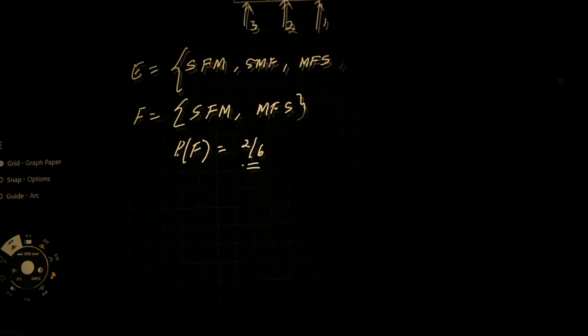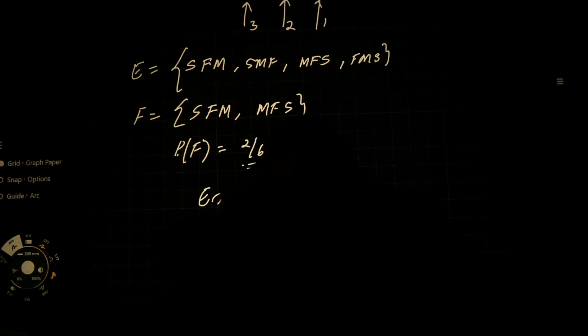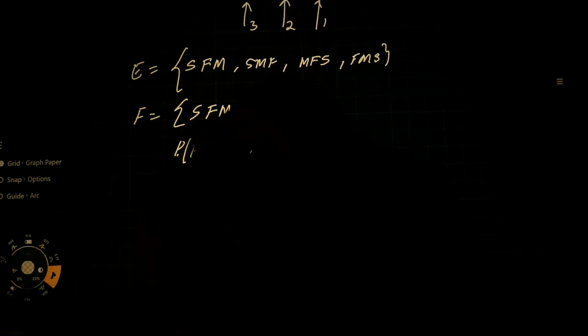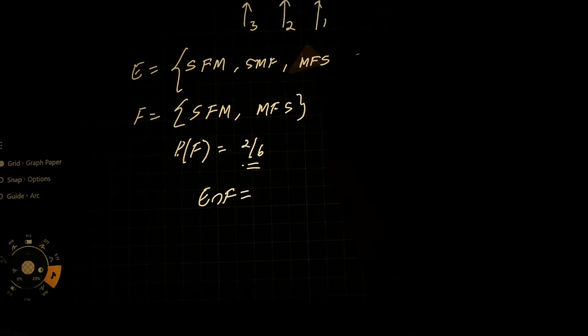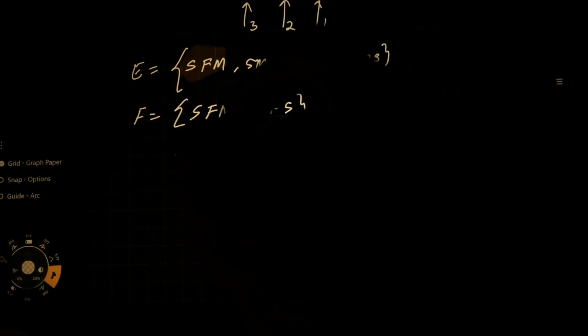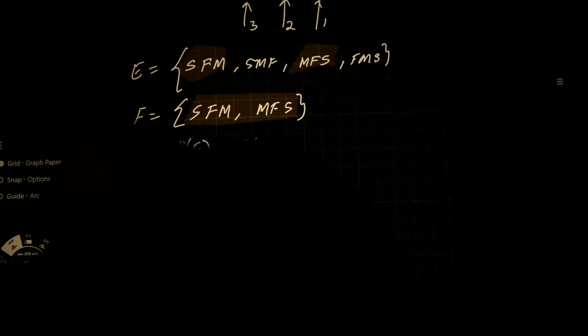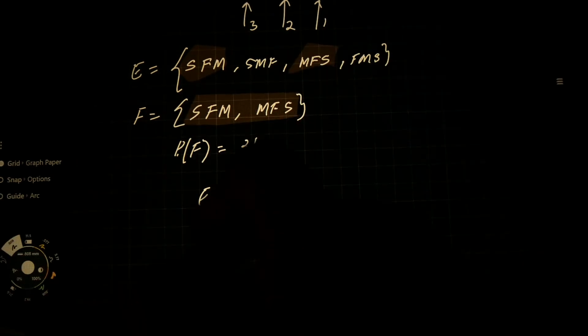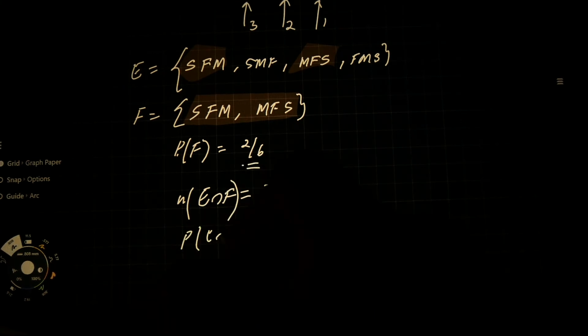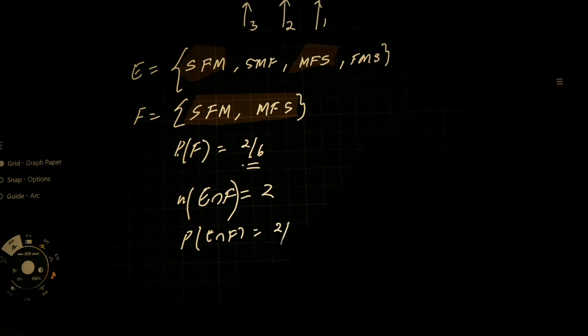Now tell me what is E intersection F. The common term in both is father coming in between, which means father is standing between mother and son. So there are only 2 possibilities. So N of E intersection F is this, and P of E intersection F will be 2 out of 6.